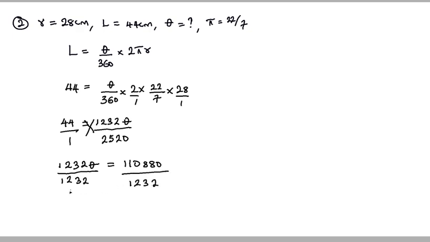So 1232 cancels out here, and I will have theta equal to 110880 divided by 1232, which gives us 90. So the angle here, in degrees, is 90 degrees. And that is the answer for the second question.